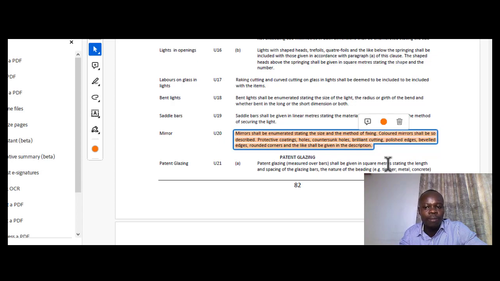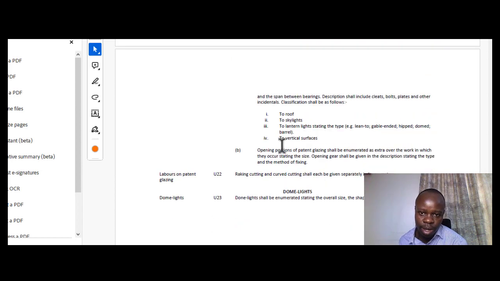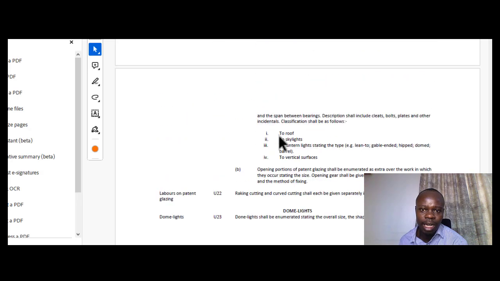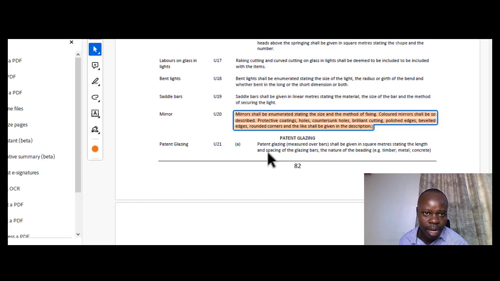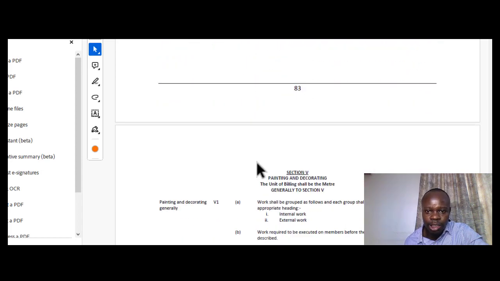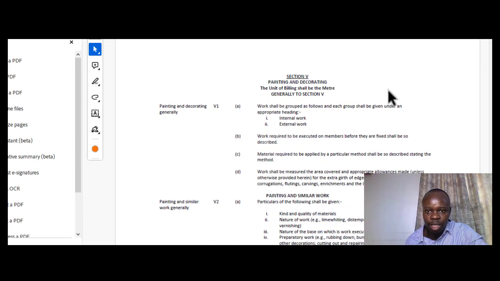Once that is done, you measure them in number. After that, describe how it is supposed to be done in that particular order. So that brings us to the end of the glazing that we intend to cover for now. But let's see if we have another item that we can cover also quite fast.